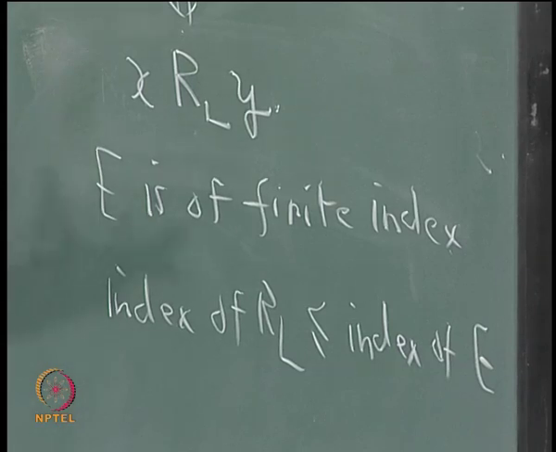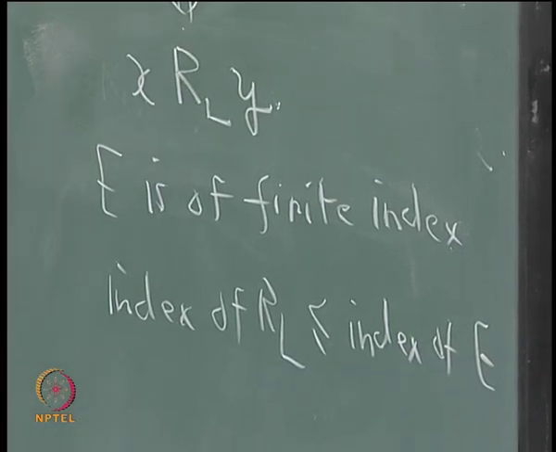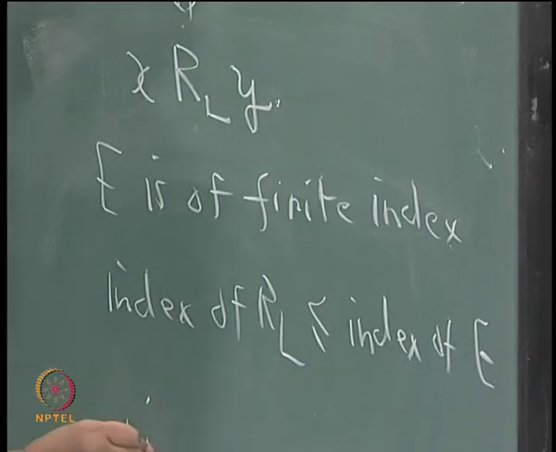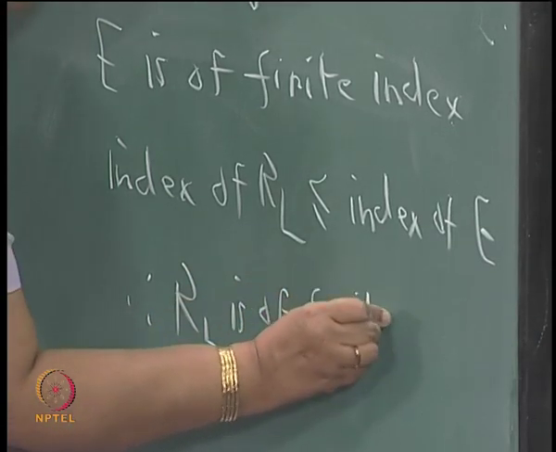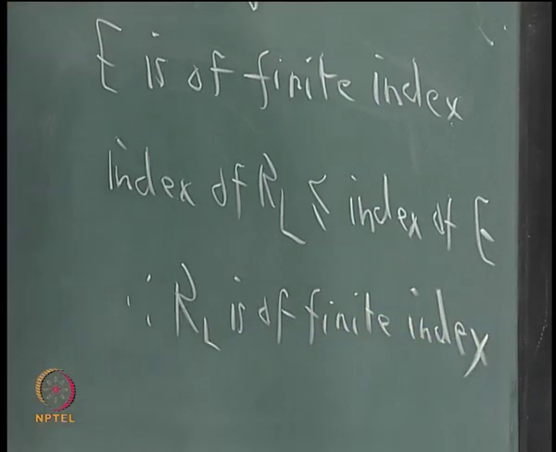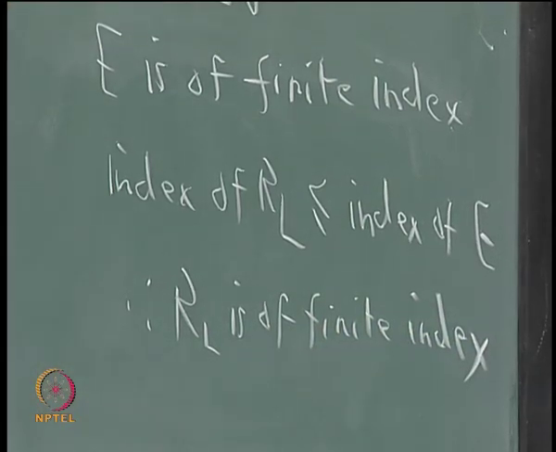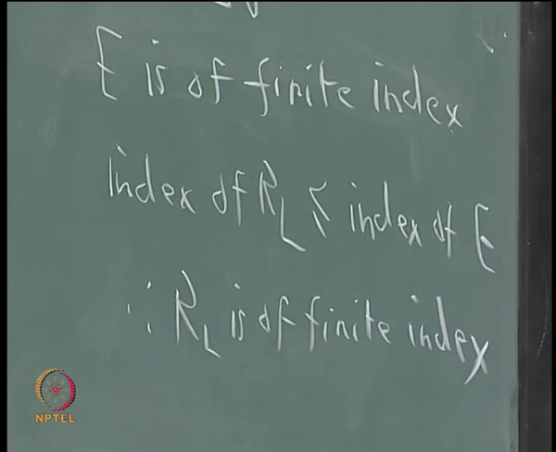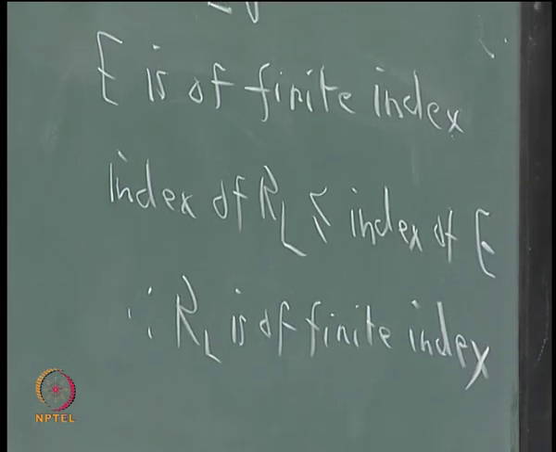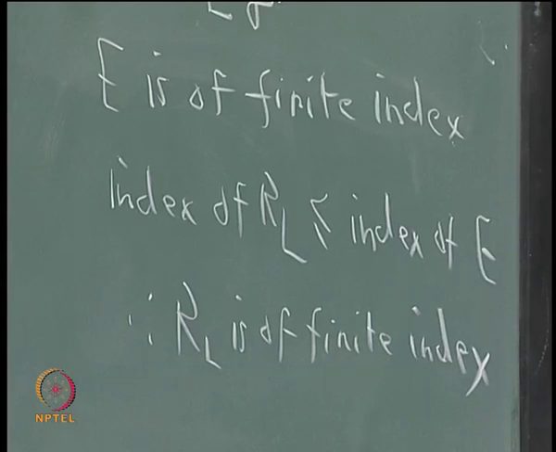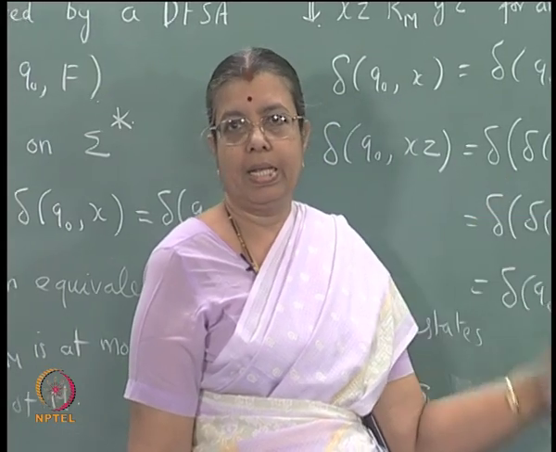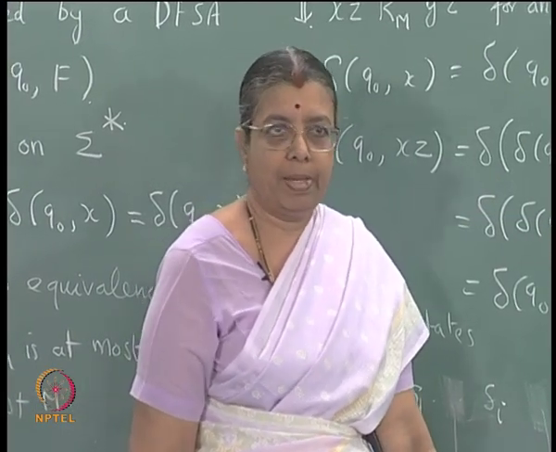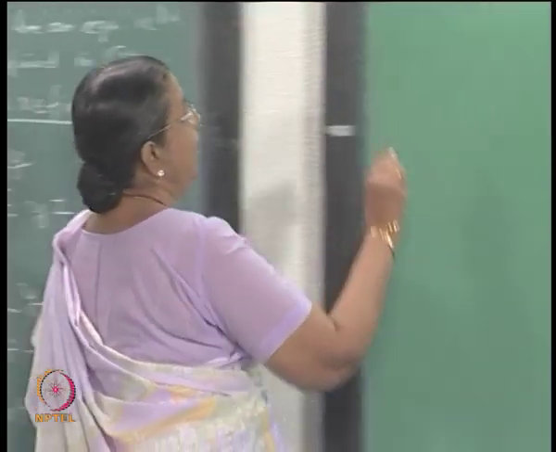Because every equivalence class of E is contained in one equivalence class of RL, the index of RL will be less than or equal to the index of E. Therefore, RL is of finite index. So, what we have proved is 2 implies 3. Next we have to prove 3 implies 1. Before going into that proof, we will illustrate these 2 proofs by an example. So, look at this example.